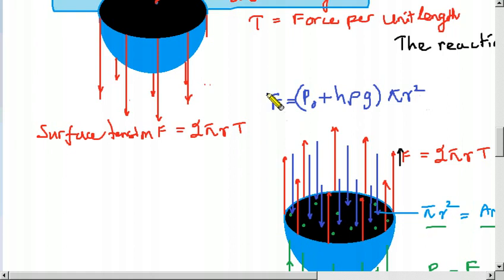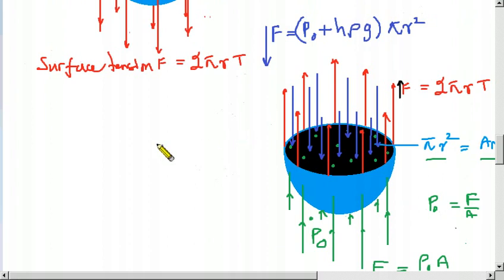So that force is downwards. So now let us consider the equilibrium state of this semi sphere. So downward forces must be equal to the upward forces. So downwards we have these forces, P naught plus h rho g times pi r squared.